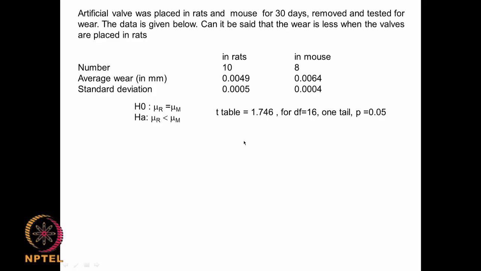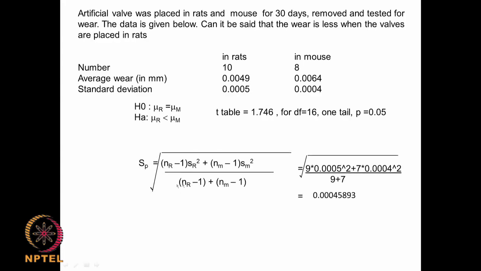We use the same equation, if you remember, xh bar minus xl bar divided by sp times the square root of 1/nh plus 1/nl, where sp is given by this. So we can take rats here, nr minus 1. nr for rats is 10, nm for mouse is 8, the degrees of freedom is 16, 10 plus 8 minus 2.